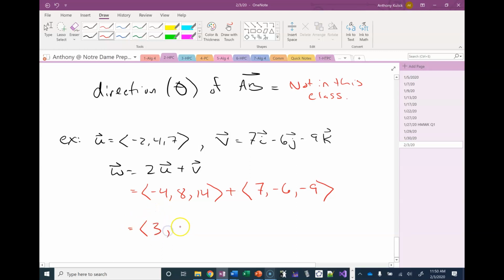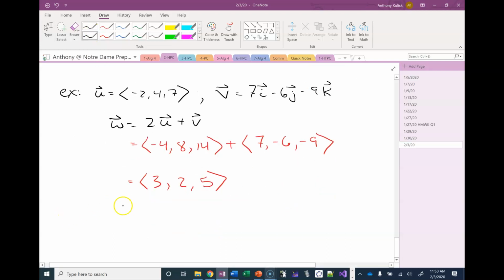So we get 3, 2, 5. Everybody okay there? Sound good? Okay. What if we wanted then to graph that vector W?